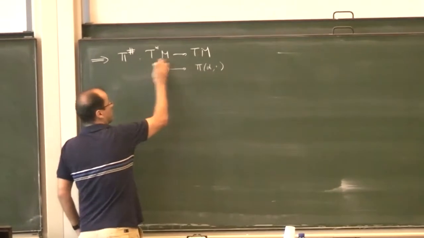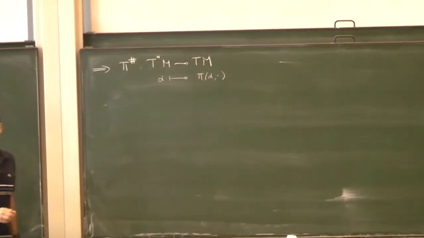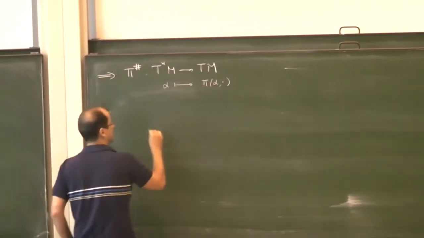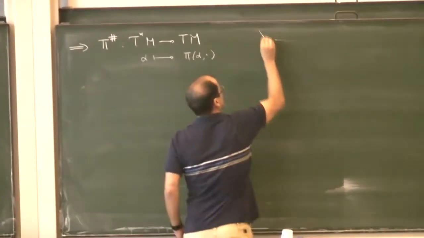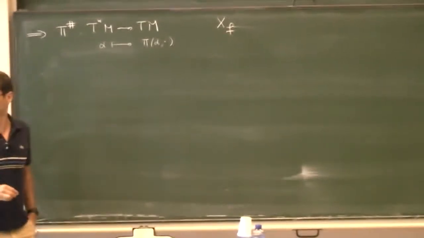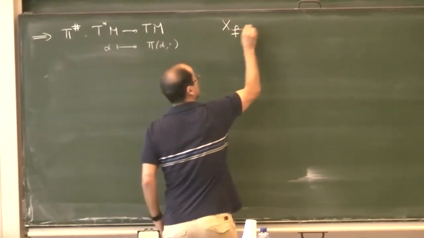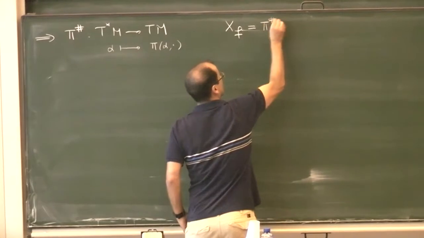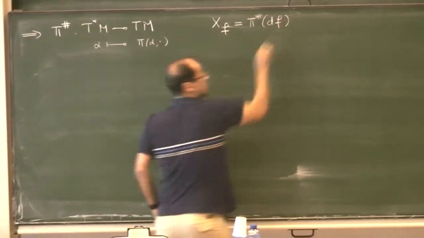So there is a bundle map from the cotangent bundle to TM. We already saw this somehow when we said that to every function we associated a vector field. In this notation, that's going to be pi sharp of df.